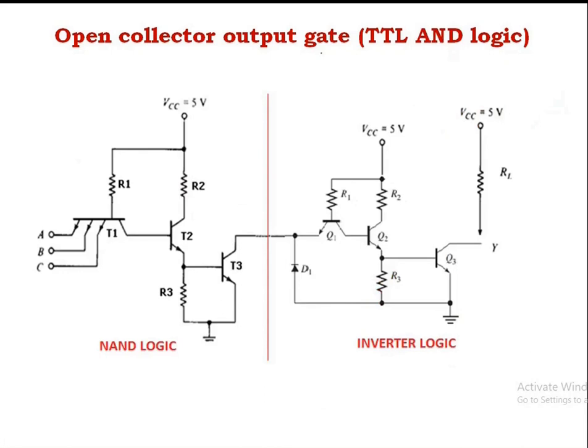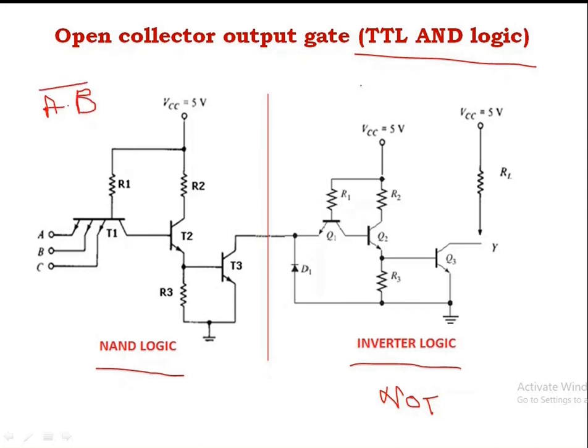Now you can see this is AND logic. AND logic means, see, already we have seen the circuit diagram for NAND logic. And we have seen just now for the inverter. Inverter is nothing but NOT. So just to connect, already you know A into B, the whole bar is NAND. So here what I'll get is A into B into C, the whole bar, with 3 inputs. This is what I get in this portion.